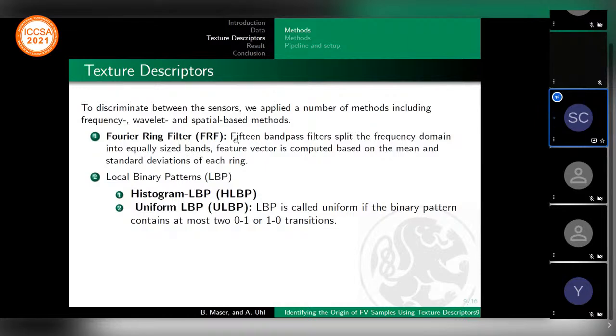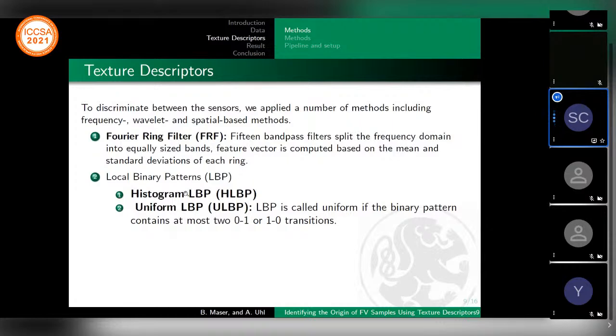This method applies 15 bandpass filters to the image, so it splits the image into 15 different frequency domains, each one a band, and then the feature vector is computed by concatenating the means and the standard deviations of each band. The next 2 features are based on local binary patterns.